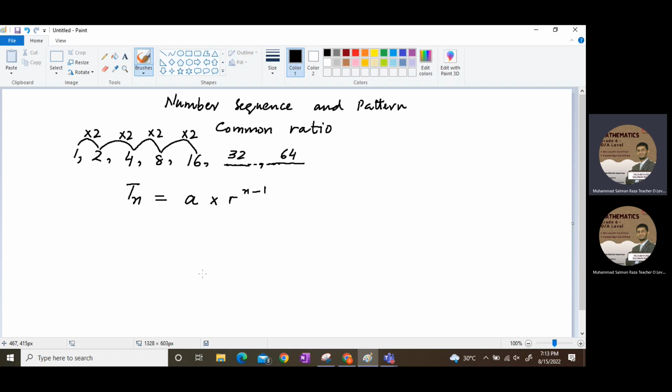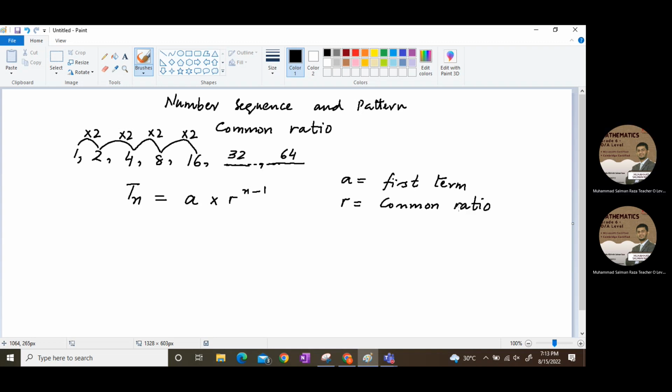So how are we going to find it out? A is the first term, which is 1 here, and R is the common ratio. Now let us find T of 1. A is 1, the common ratio is 2, and the exponent is 1 minus 1.